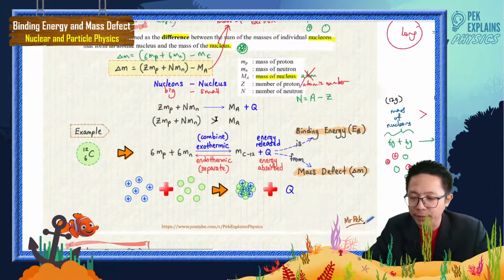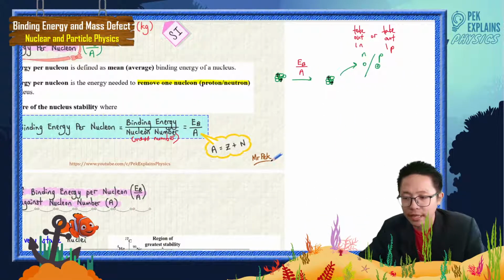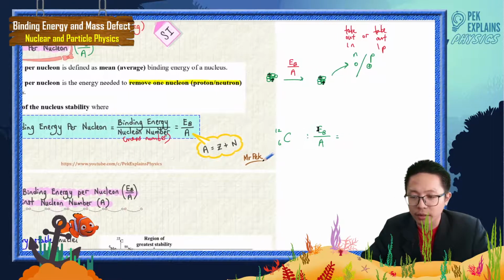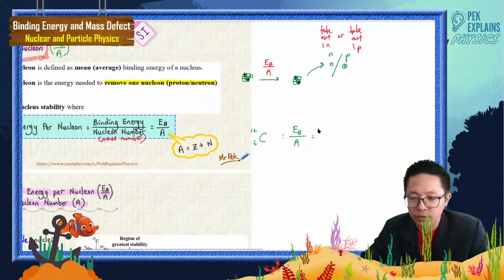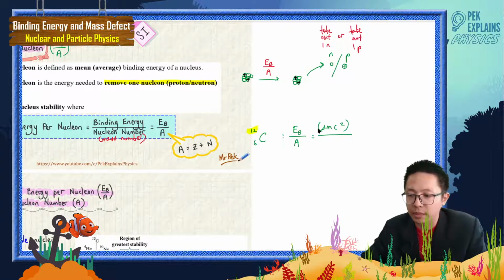For example, let's say I have carbon 12. How do we find the binding energy per nucleon? Calculate your binding energy first using the formula delta mc square, then divide by the nucleon number, the one at the top here.